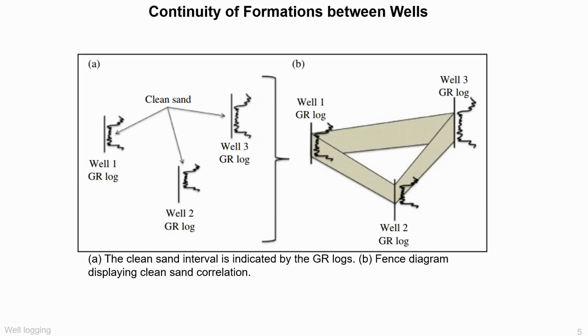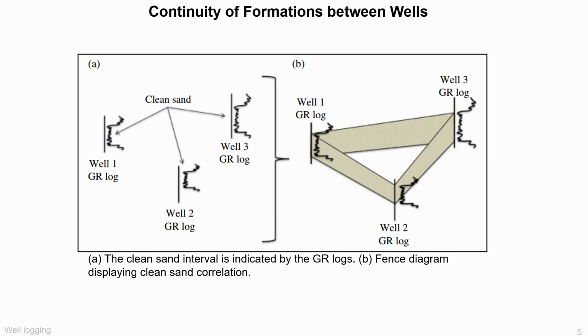This slide introduces formation continuity and the use of fence diagrams. Gamma-ray logs from multiple wells can be correlated spatially to trace clean sand bodies or other stratigraphic units between wells. Fence diagrams provide a three-dimensional way of visualizing this continuity.